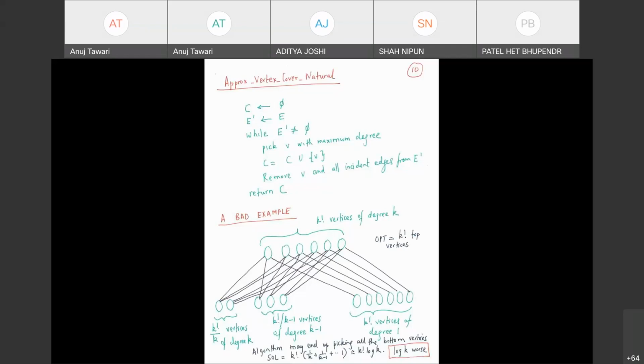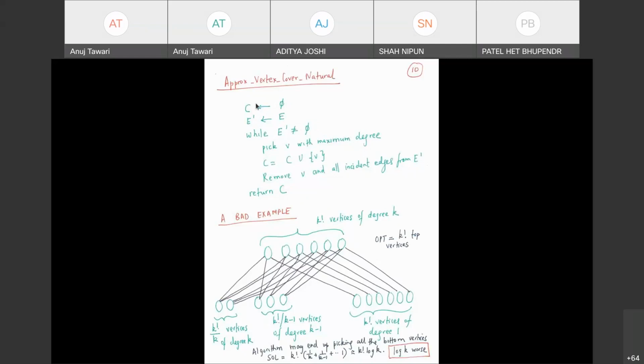It's probably the first thing which will come to your mind when you are dealing with vertex cover or any other problem. But unfortunately, in certain cases this gives a slightly worse approximation, maybe even worse. And that's what we are going to see today.